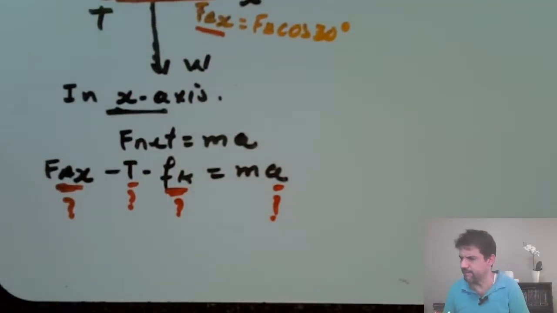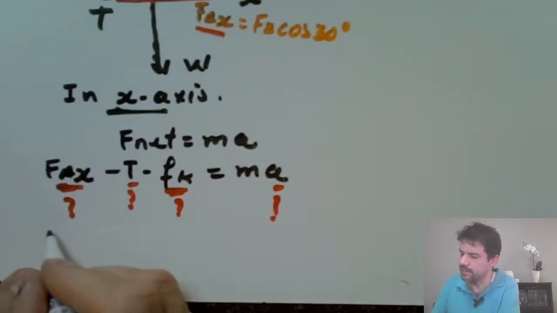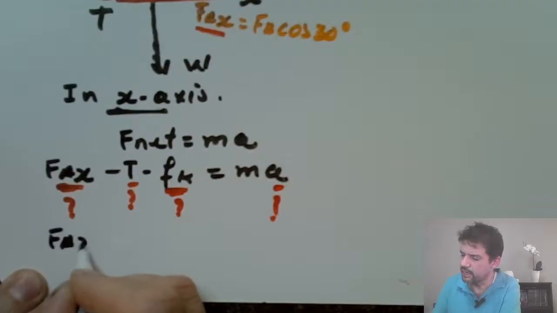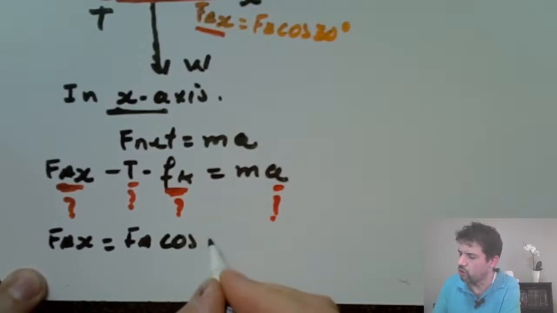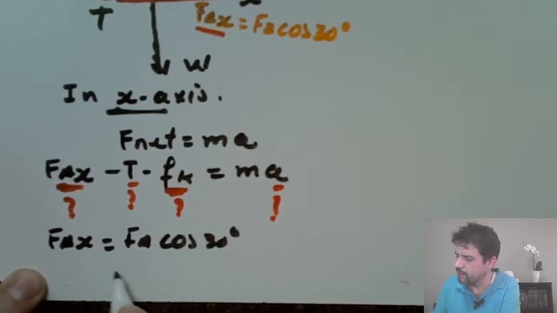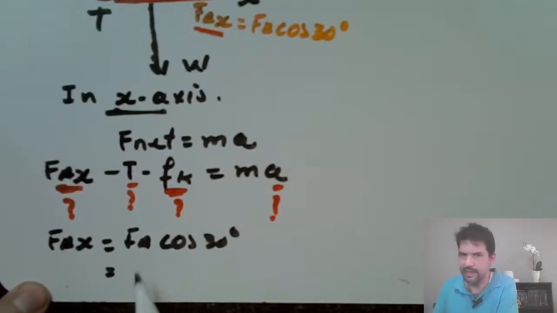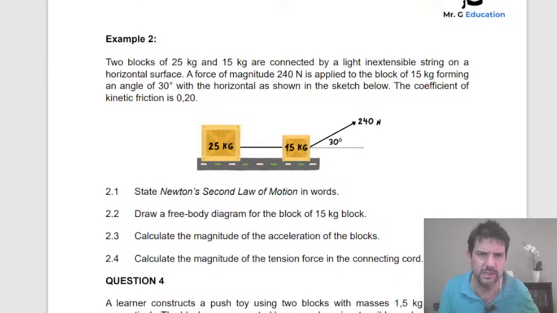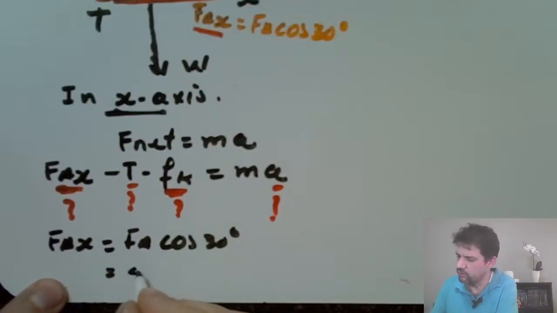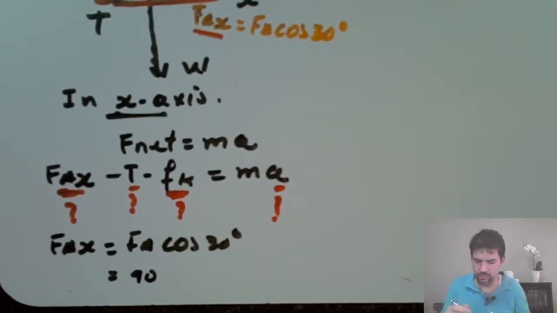And let's do it step by step. I'll take this space for this calculation and then use the other little board for the other calculation. So let's begin with the applied force in X, that is equal to applied force multiplied by cos of 30 degrees. Now, if we substitute, the applied force is 240. Let me write it down.